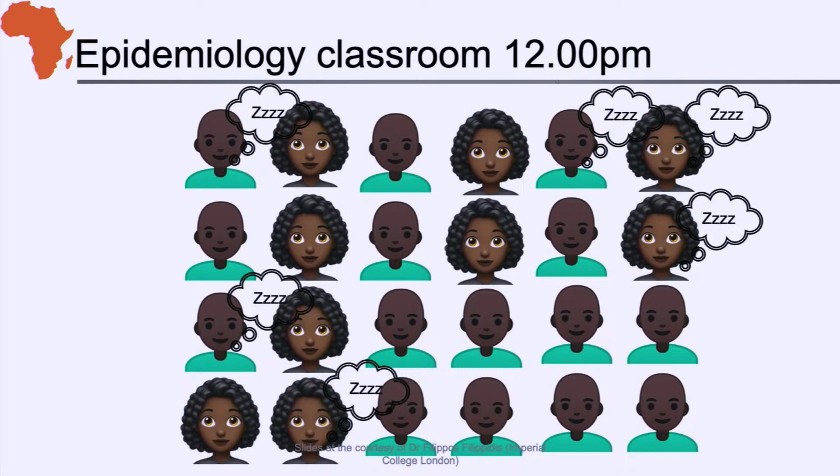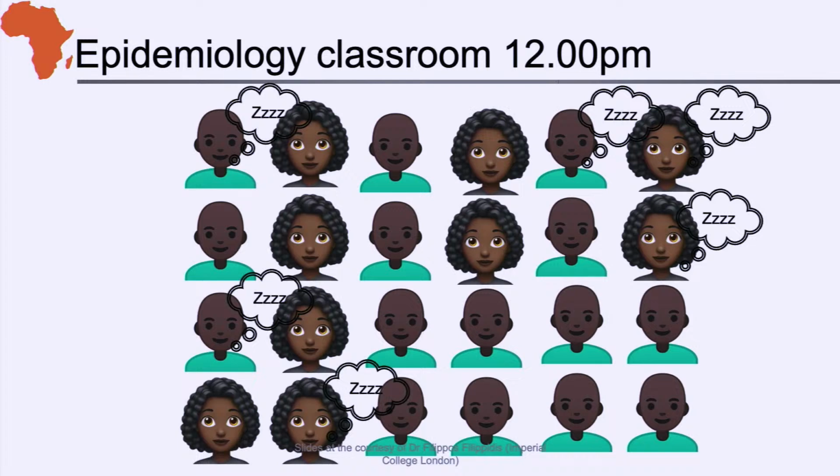It's not a proportion, it's the number. The number of people with the disease is 6. And the number of people without the disease, therefore, would be 24 minus 6, which is 18. So therefore, the odds will be 6 over 18.